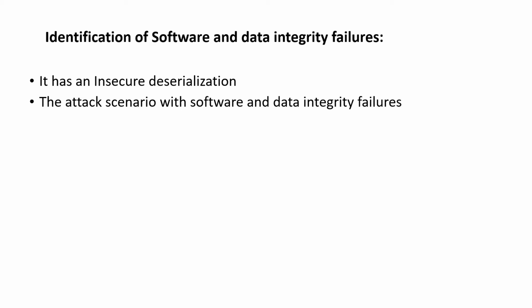Now telling about identification of software and data integrity failures. It has insecure deserialization and attack scenarios. Insecure deserialization means untrusted methods and servers are not verified during deserialization, using malicious code and vulnerabilities to gain system access. Attackers associated with software and data integrity failures commonly use supply chain attacks to apply system infections.